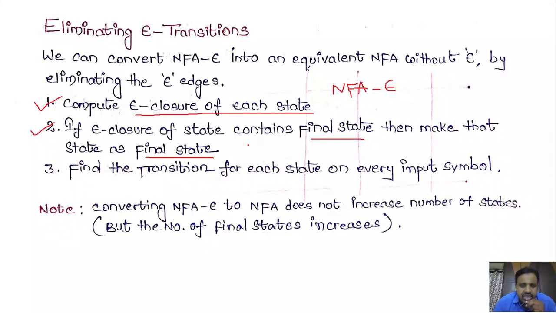So in the resultant NFA, you need to mark that state as a final state. Let me explain with one example. Let me say I am having the epsilon closure of Q naught, which is, let me consider, Q1, Q2. So I have the epsilon closure of Q naught as Q1, Q2.